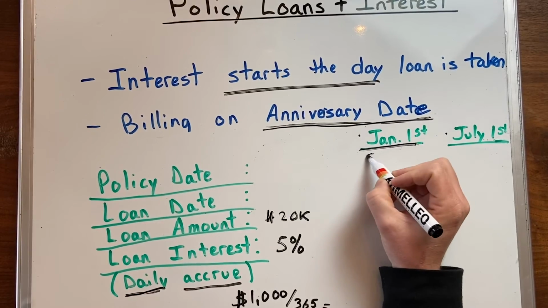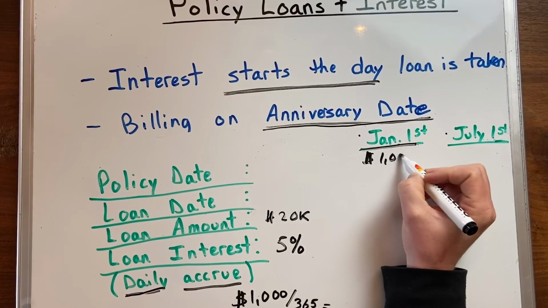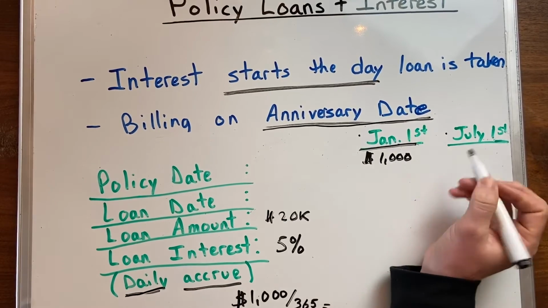So if we made zero payments all year, we took a $20,000 loan and an entire year passed, right? And let's just say that we started our policy on January 1st and we took our loan out on January 1st. Then, 365 days having passed, on January 1st I would get a bill for $1,000, or the total interest for 365 days.